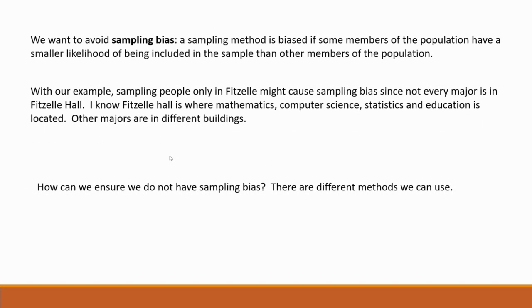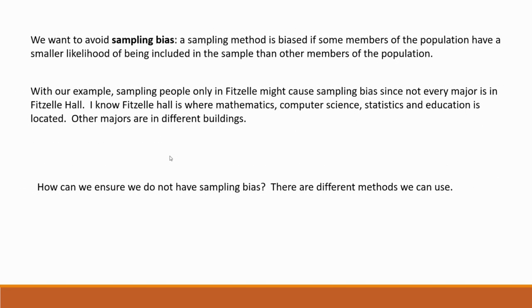So I wrote it here as well, but if we stood outside of Fitzell and just asked students there, how many hours a week do they read? Assuming they all tell the truth and assuming they all answer, that would still be sampling bias.